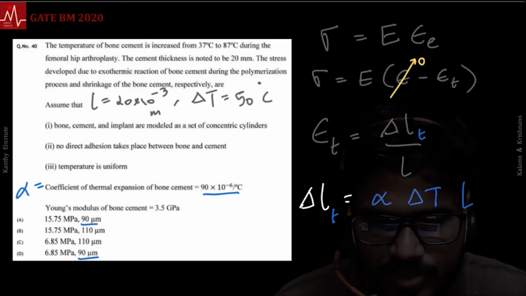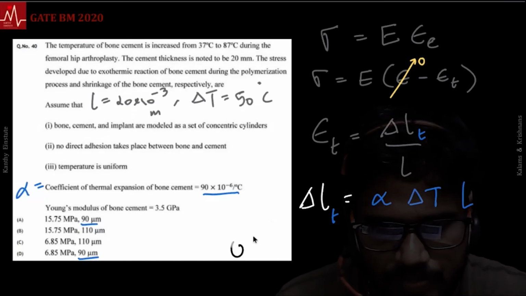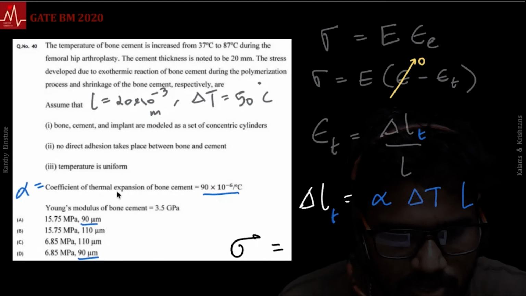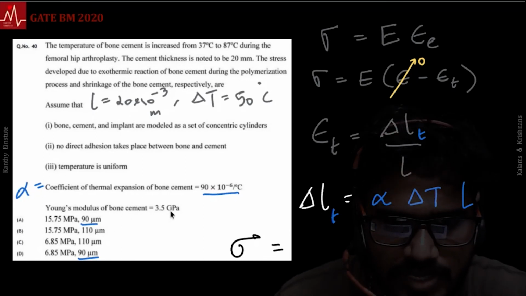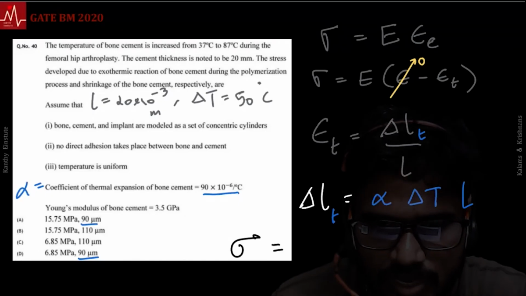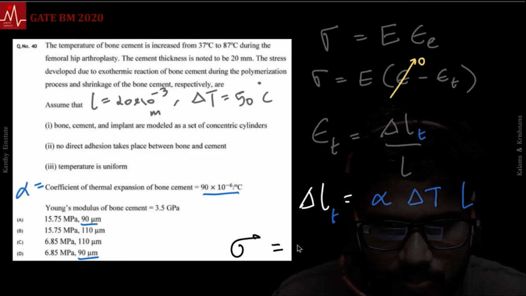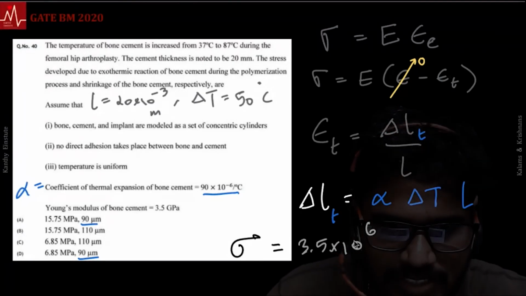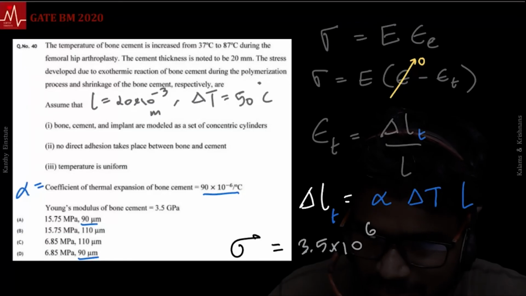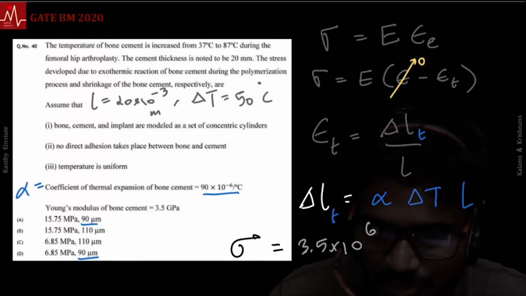And right now your stress sigma equals E times epsilon t. Young's modulus is given. This is 3.5 gigapascal. So that is 3.5 into 10 power 6. Kilo, mega, giga, and then deci, centi, milli, micro, nano, pico, femto.